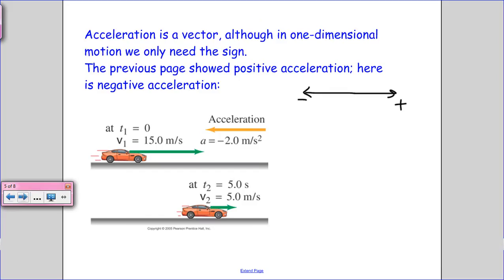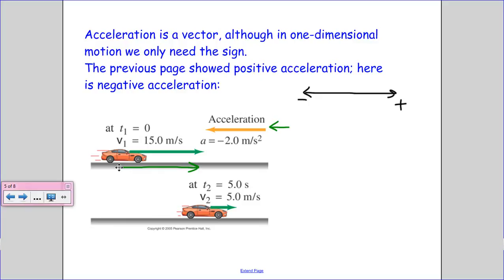However, this car has a negative acceleration. It is moving in our positive direction, but it's slowing down, right? The guy is stepping on the brake pedal. So the velocity is changing from a bigger number to a smaller number in the positive direction, so it has a negative acceleration.